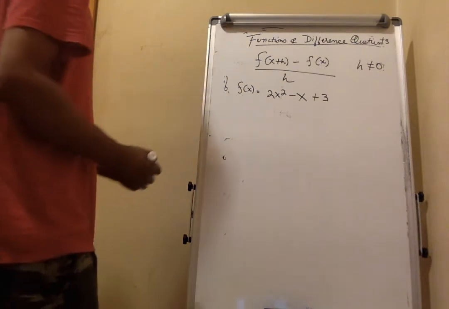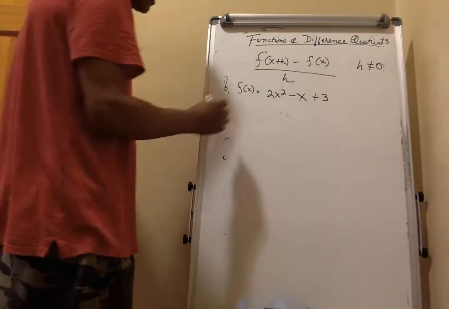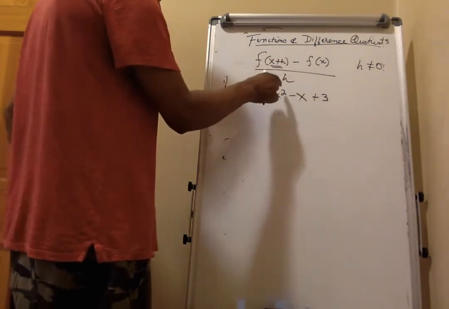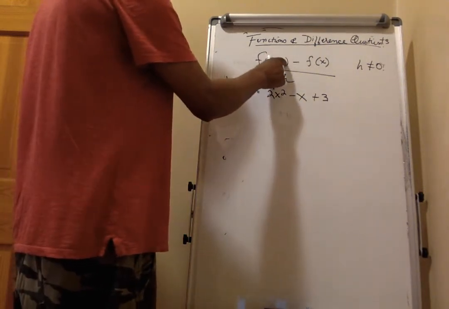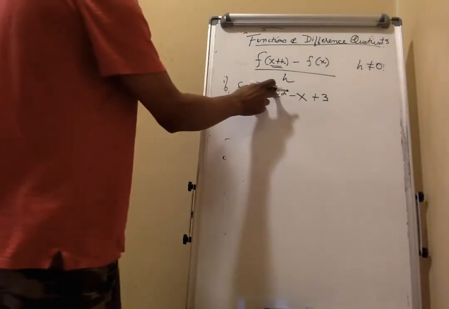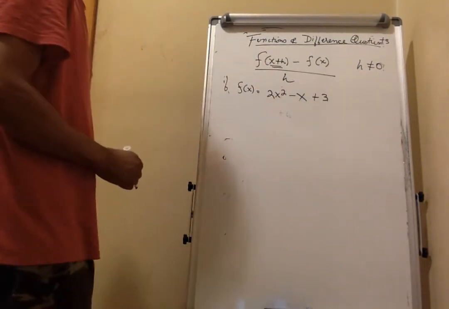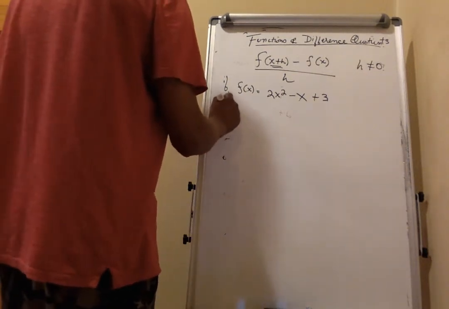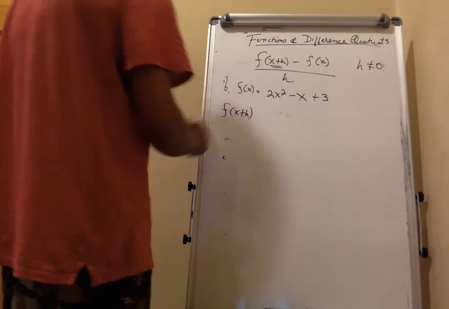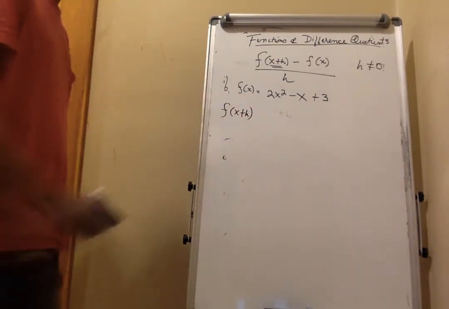So let's do that. For the first one, you are going to replace x with x plus h in this equation. So wherever there is x, you're going to put x plus h. Probably you need to do it one at a time. What is f of x plus h?